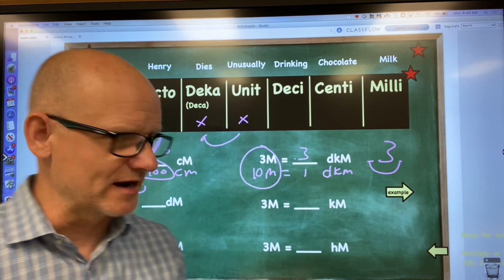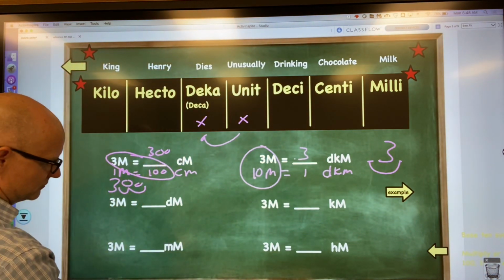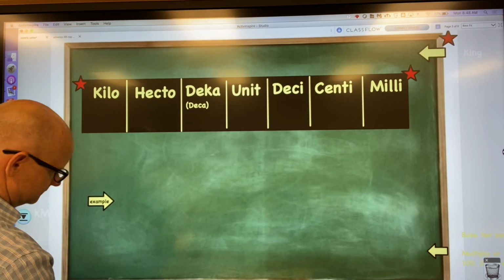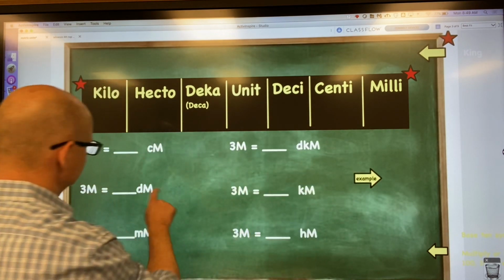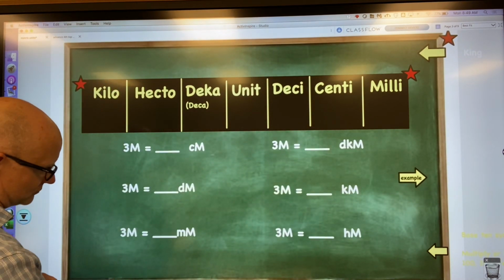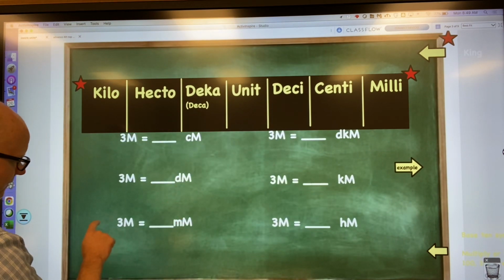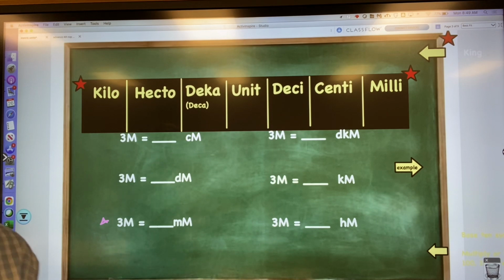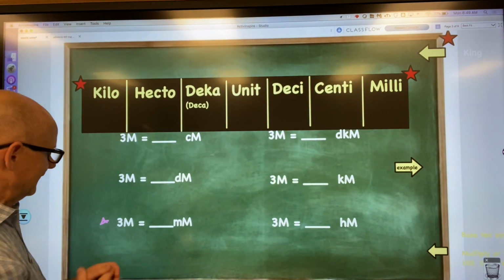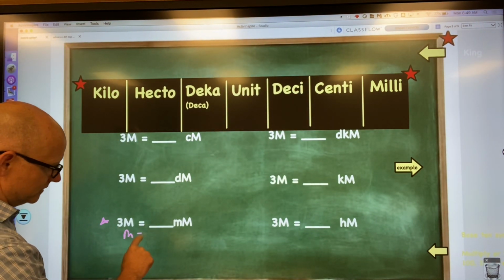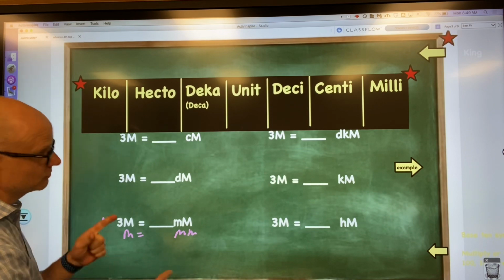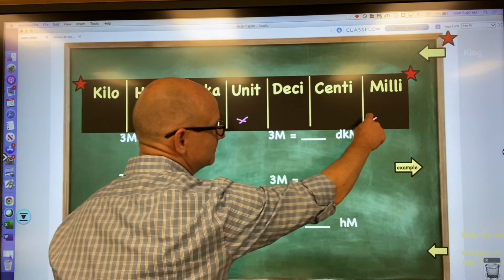And then I'm going to give you some practice problems. So let's just do another problem. If I asked you, this one, meters to millimeters, okay. Well, write unit under unit, make the statement true. Here's meters and here's millimeters, right?